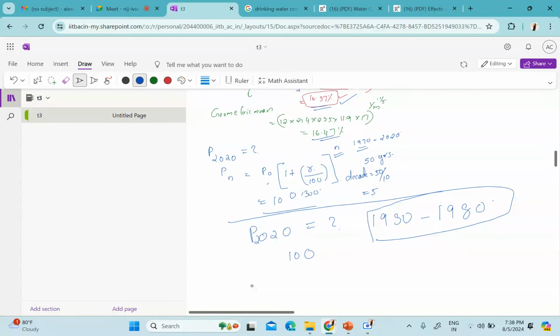Okay, yeah. 1 lakh 1079, 2 lakh is 79, like this, right? Okay. Got it clear? Any doubt?